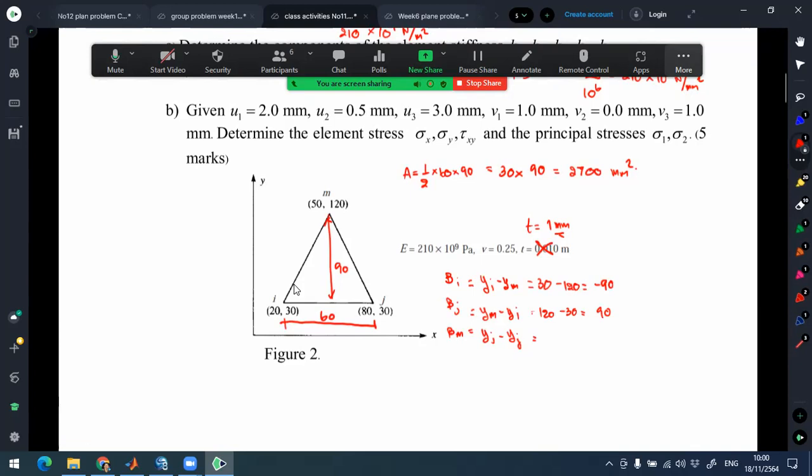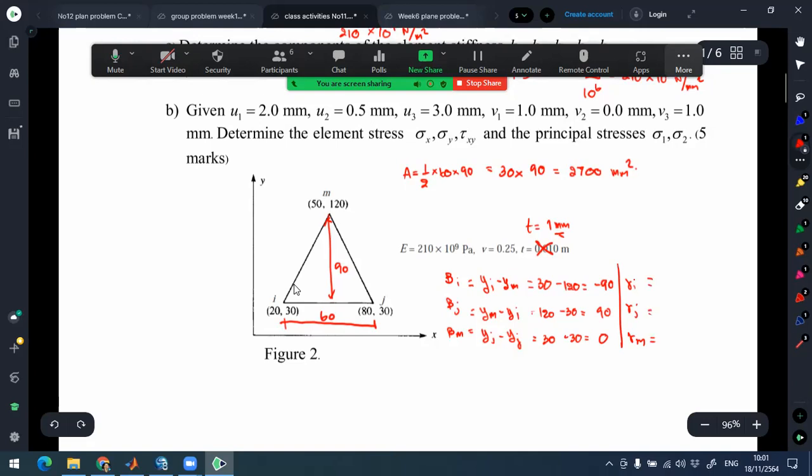You may form these equations by using a table, which may help you determine each term. Also for gamma I, gamma J, and gamma M, you may do it by yourself. For this case, gamma I is equal to minus 30 and 60. You may solve it by yourself.